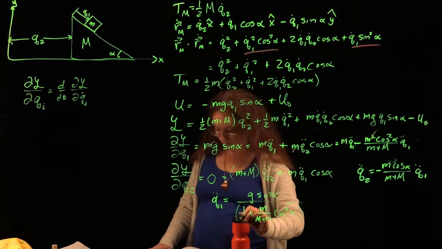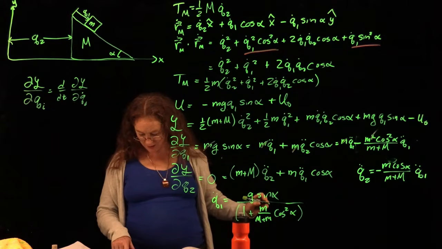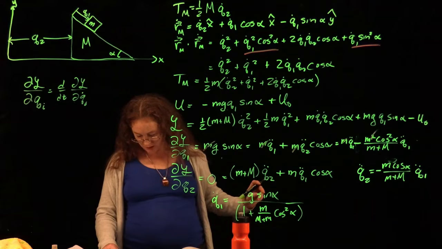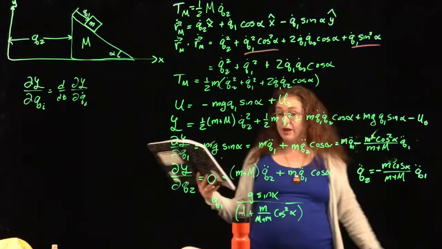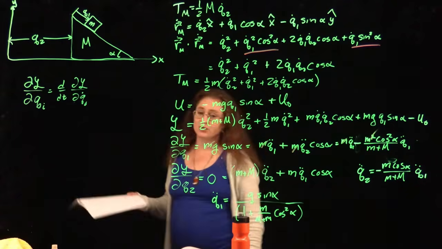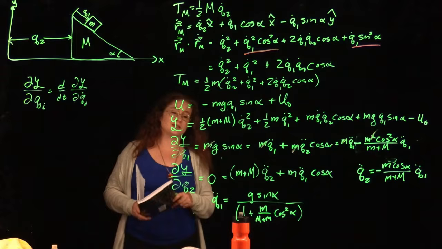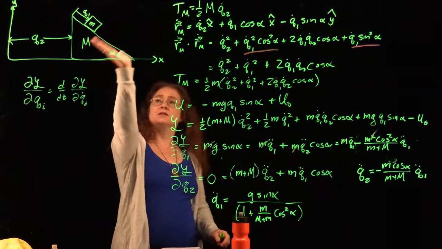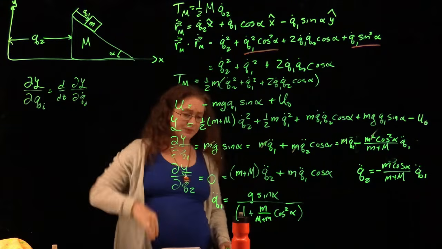Okay, and then what we can do is look at our answer. You should get in the habit of doing this. Look at your answer and see if it makes sense. So when alpha is 90 degrees, then the block is just free falling.